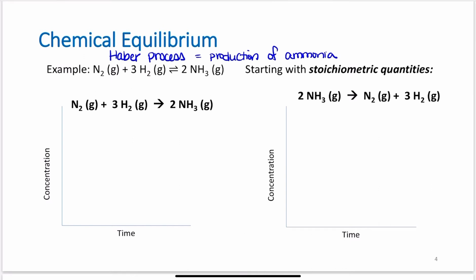Let's first talk about taking N2, reacting with H2 to form NH3. Concentration versus time. Initially, I'm starting out with no NH3, but I'm going to produce some at some rate, and it will eventually level off. When it levels off, I will have reached the equilibrium concentration of NH3.